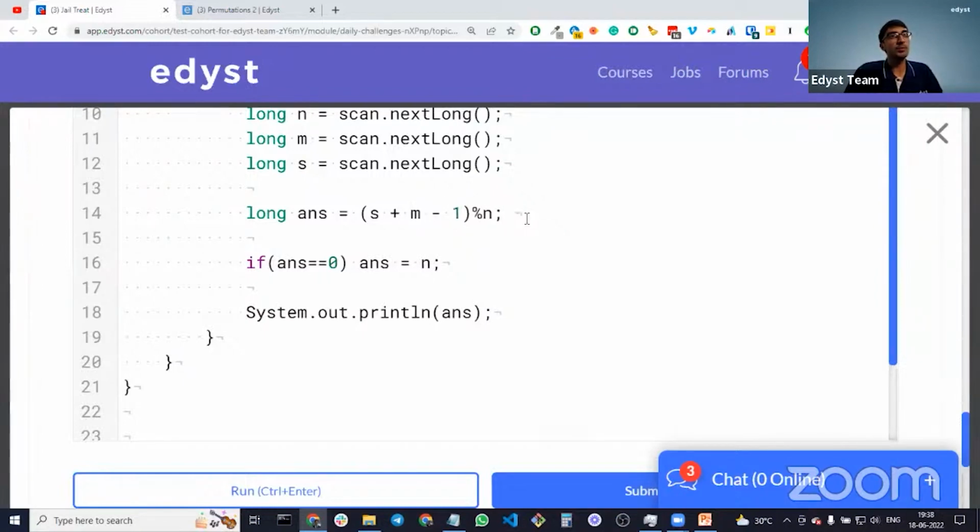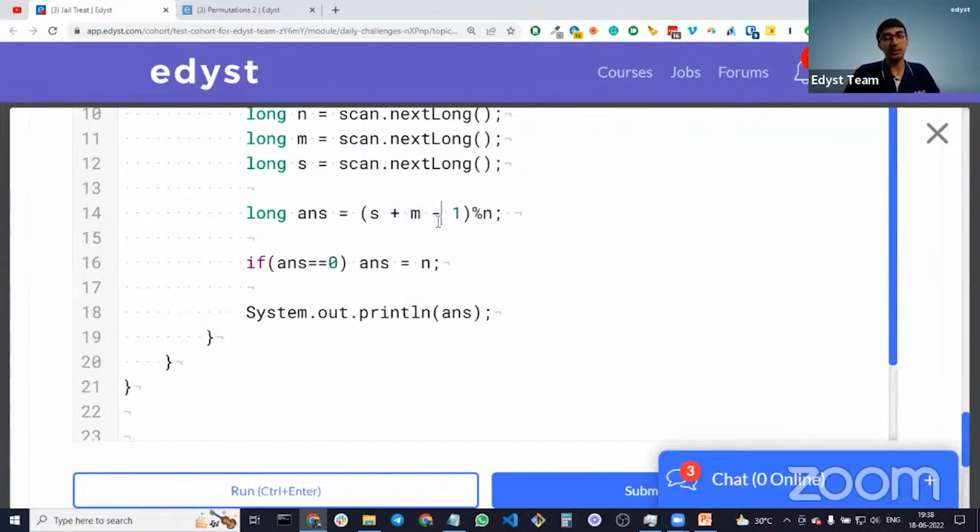But here m will never be 0, right? So if I do m modulo n, it's possible that you end up getting 0 plus 0 minus 1, and minus 1 modulo n will actually end up giving you minus 1 itself. That's the issue. That's why in Java you take the modulo outside only, and avoid it to the extent you can. Basically, what I'm trying to say is in any step on the way, if your number is getting negative and you're taking modulo of that, you'll get undesired results.